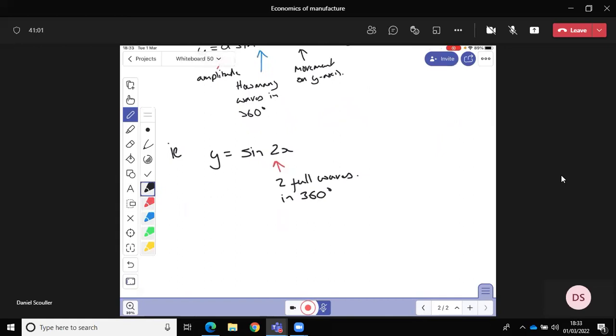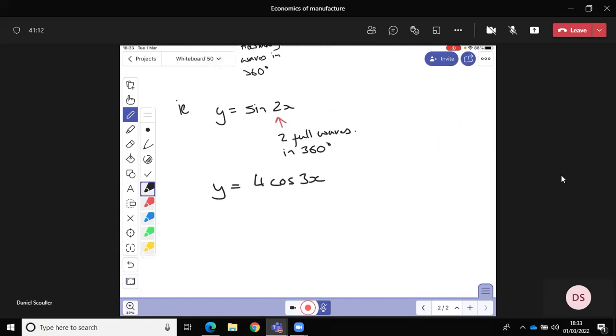Likewise, if I've got y equals 4 cos 3x, that's telling me the amplitude is 4, and there's going to be 3 full waves in 360 degrees.